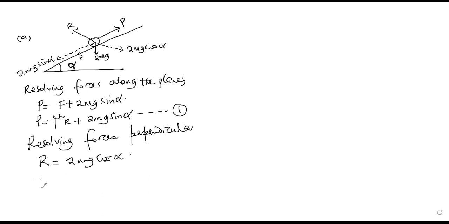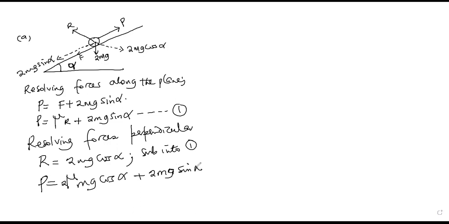Implying that if you substitute R into equation 1, P is going to be mu times 2mg cos alpha plus 2mg sine alpha.